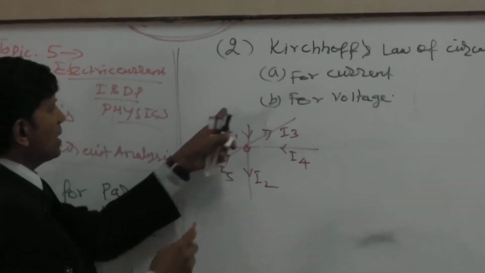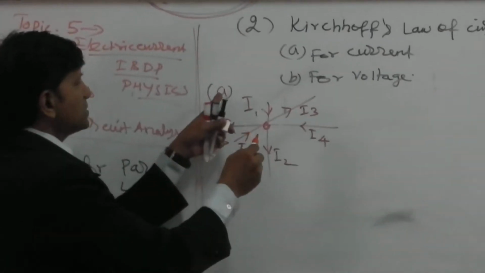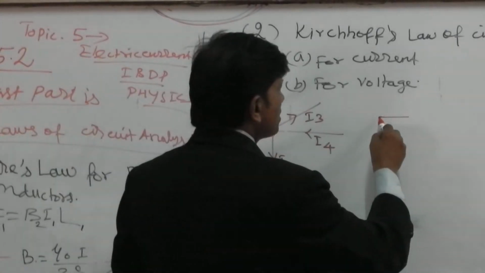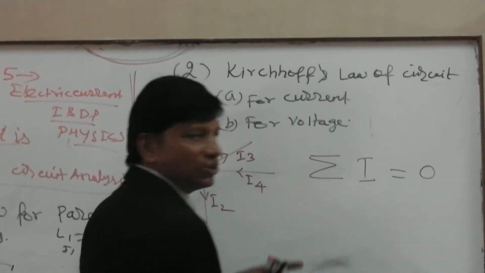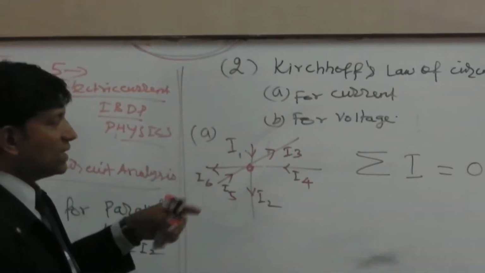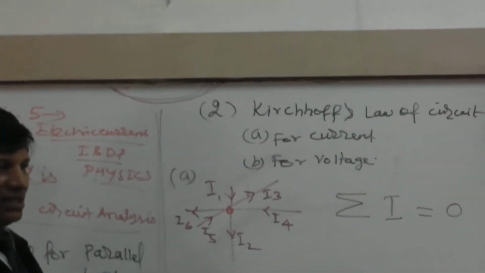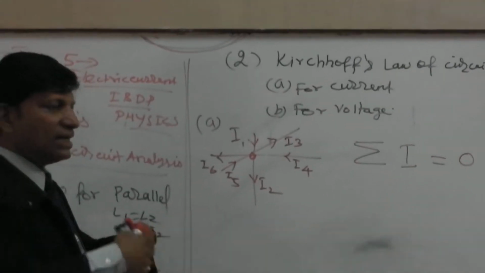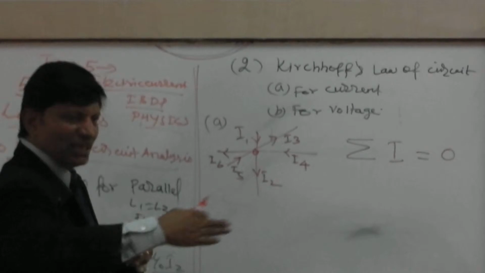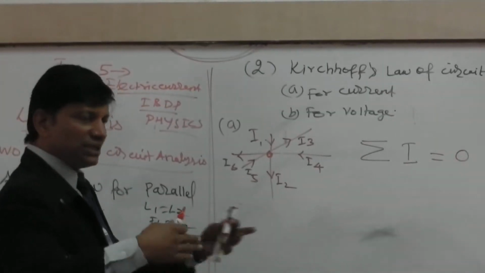The current law says that the summation of all the currents at a junction is equal to 0. Let us take approaching as positive. Current coming towards a junction is positive. Current leaving is negative. You decide.